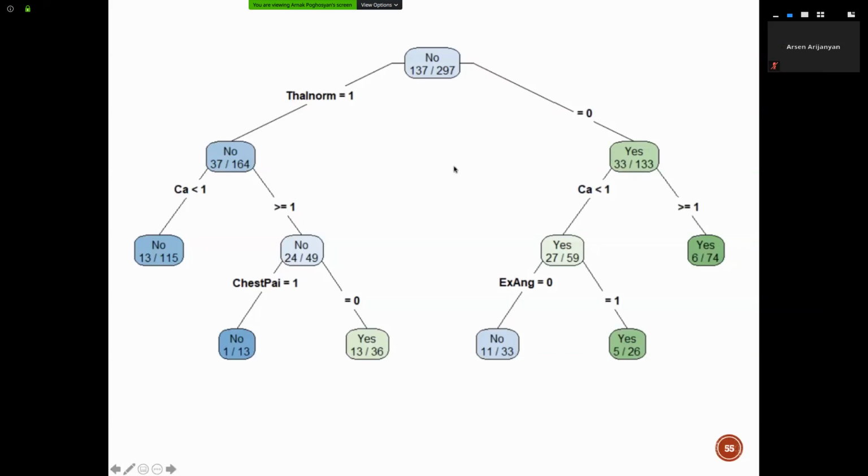Okay, for each node we have a description of two classes. The first class is 37, the second class is 164. So the decision tree is just trying to understand within this node which class is dominant. When you see that the second number is bigger, then the second class is the dominant class, and in this case you see some blue colors.